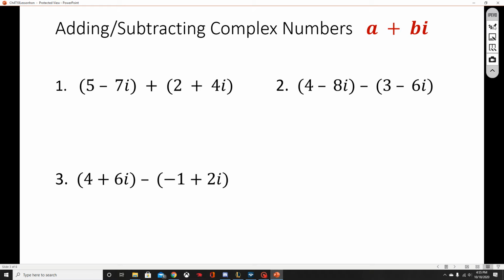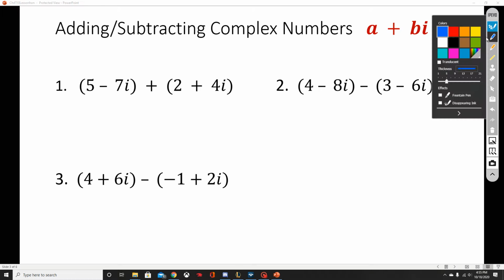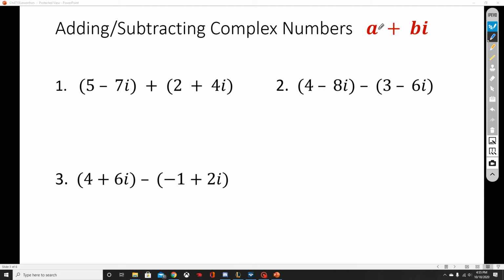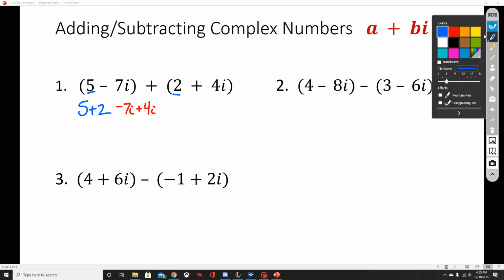So, how do we add imaginary or complex numbers? So, adding or subtracting complex numbers when they're in this form. Well, it's actually quite easy. It's kind of like combining like terms. The real parts are like terms, and the imaginary parts are like terms. So, for number 1, the real part, 5 and 2, we'd add 5 and 2, and then the imaginary part is negative 7i and positive 4i, we combine the imaginary parts.